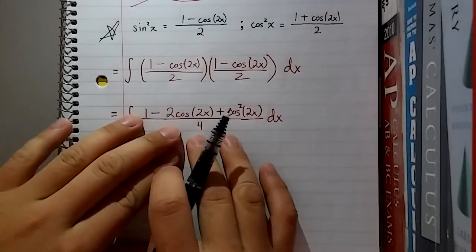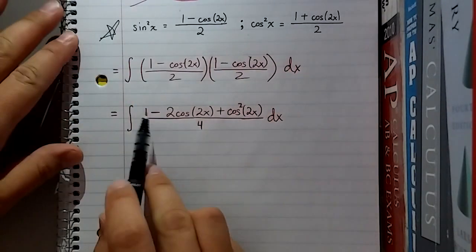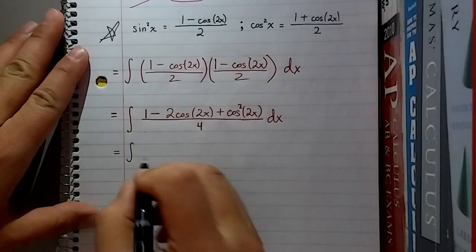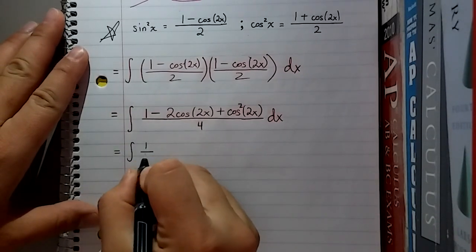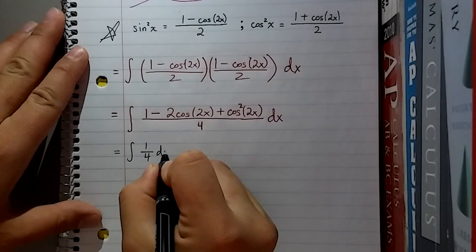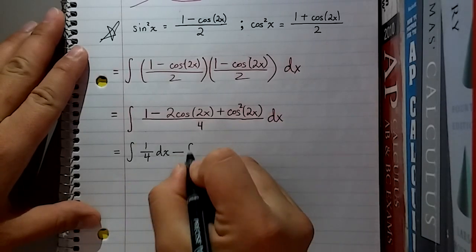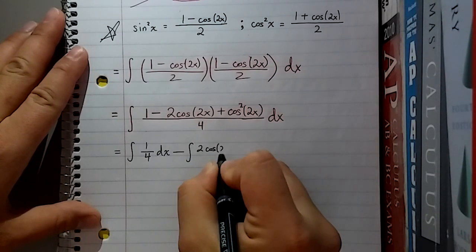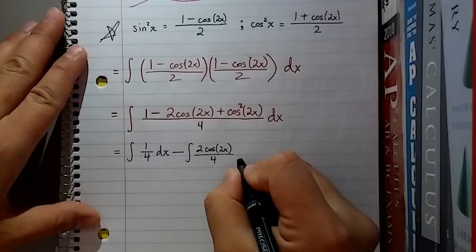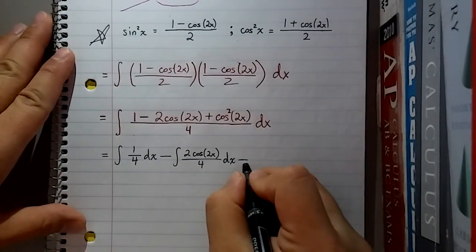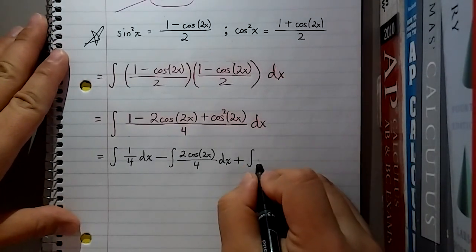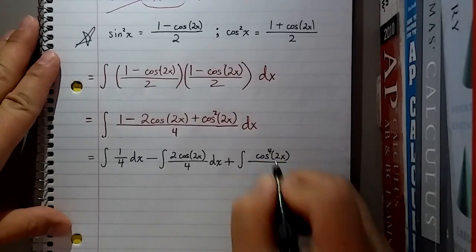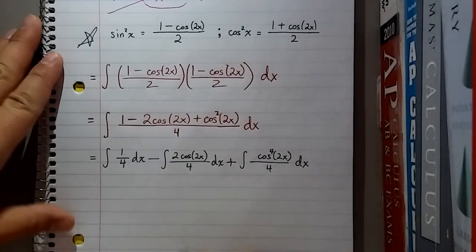Oh, crap. This looks difficult, but it's easy to understand when you remember that you can break up this one fraction into 3 different fractions. So rewrite it. Integral of 1 over 4 dx minus integral of 2 cosine 2x all over 4 dx, and the last one plus cosine 2x squared over 4 dx.